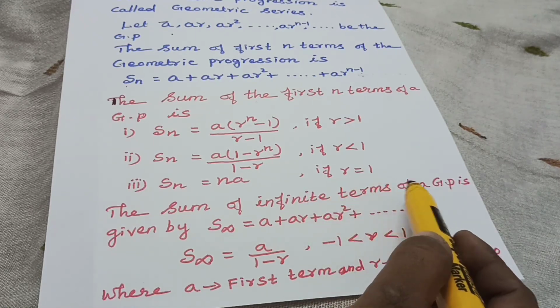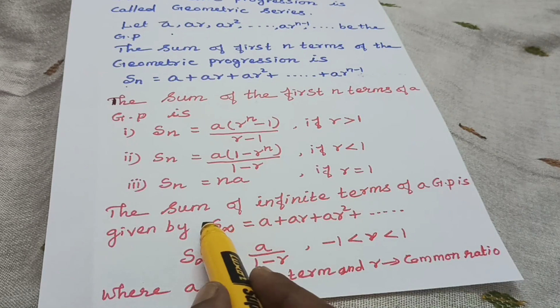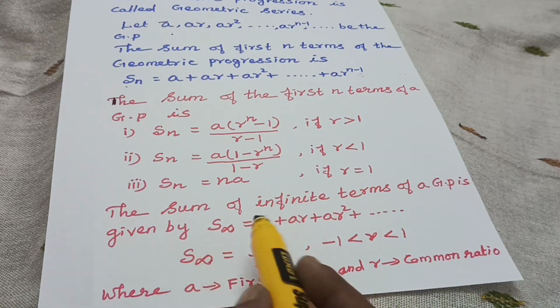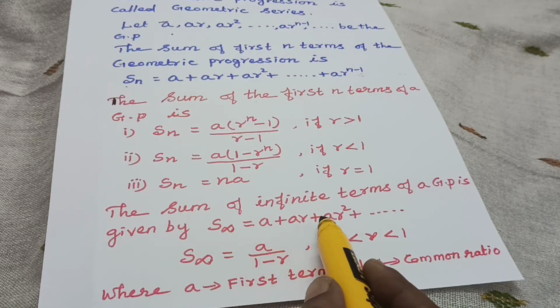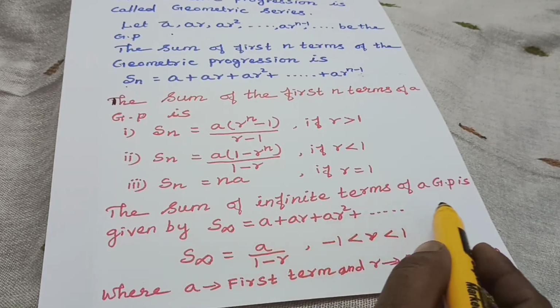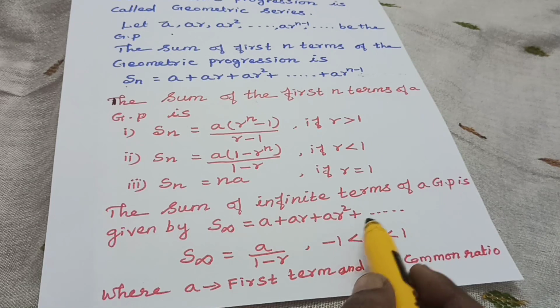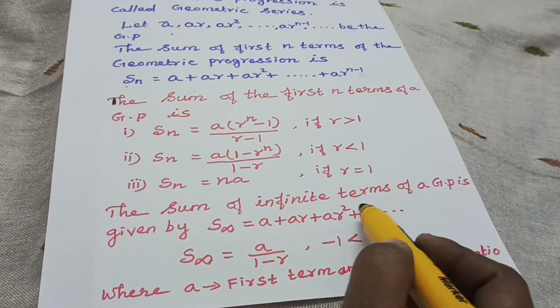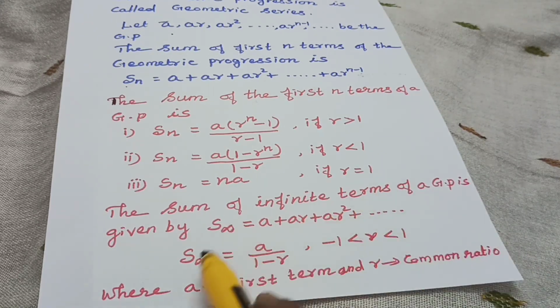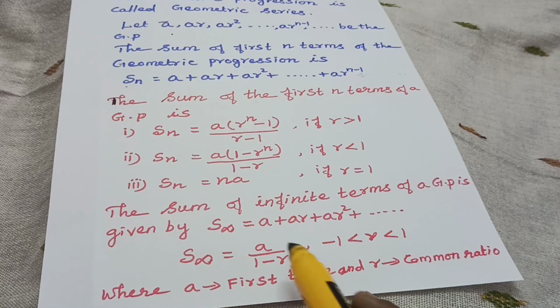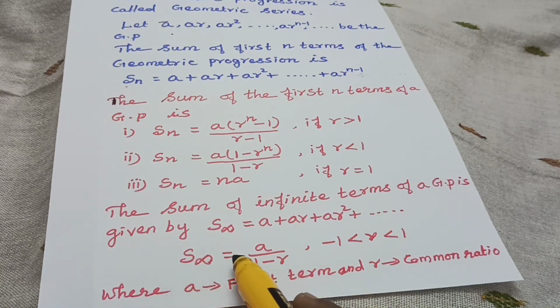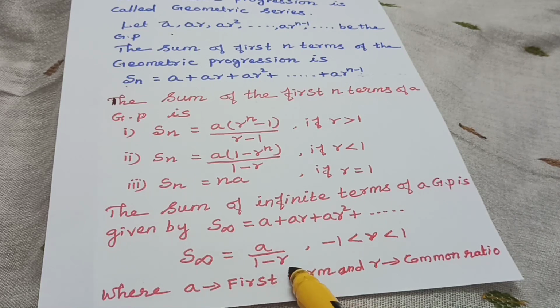S infinity is equal to a plus ar plus ar square plus etc. It will go on, no end. That is infinite. Then S infinity is equal to, what's the formula? a divided by 1 minus r is the formula. S infinity is equal to a divided by 1 minus r.